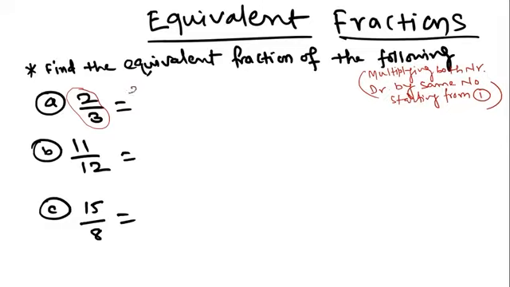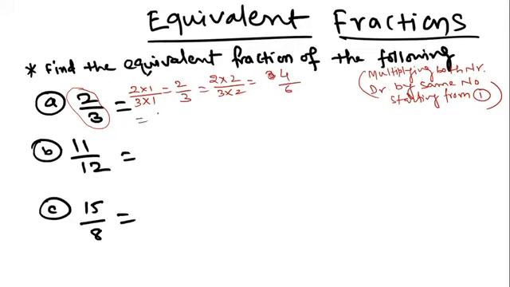So if we multiply it, how we will write it? Look here, 2 multiplied by 1, 3 multiplied by 1 is equal to 2 by 3. This is the first equivalent fraction. Again, if you want to find out the second equivalent fraction, then 2 multiplied by 2, 3 multiplied by 2, it is 4 by 6.